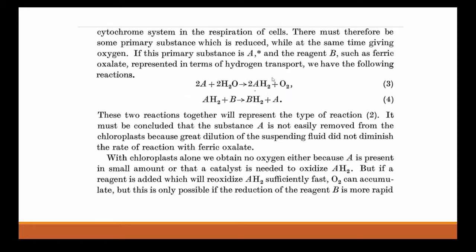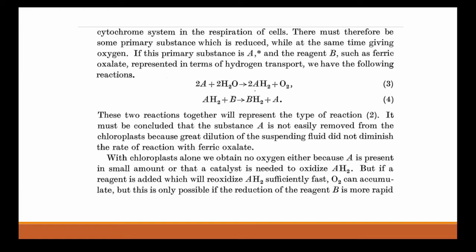So he said that the transport molecule is needed, and that way it can move over to different parts of the chloroplast in order to reduce its target molecule B. So in the end, B gets reduced and it oxidizes A. So A is back into its regular form again, and A can just cycle back towards here for the first reaction again, and the same process can happen. So it's just like a transport chain of hydrogen that allows the reduction to happen.